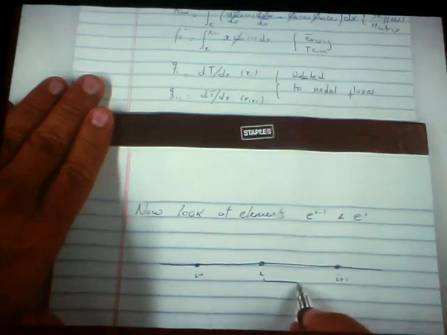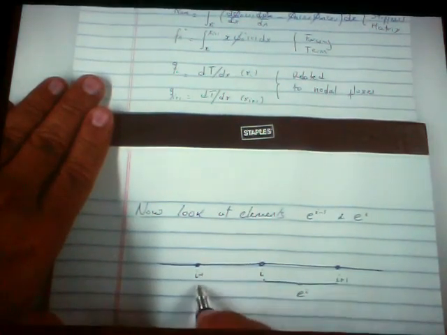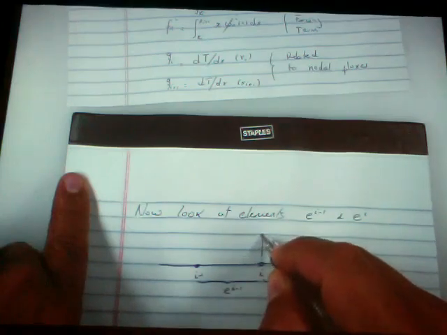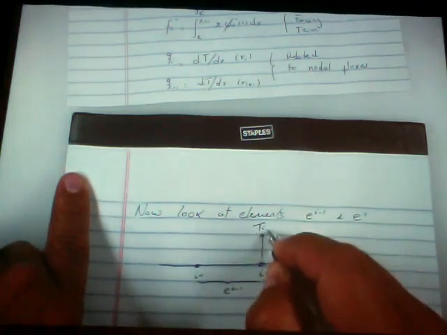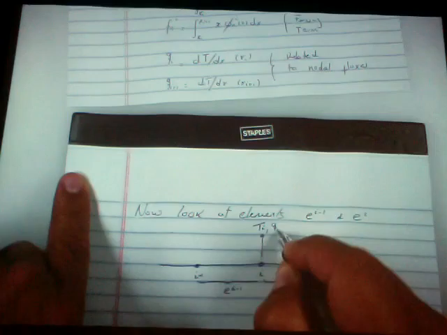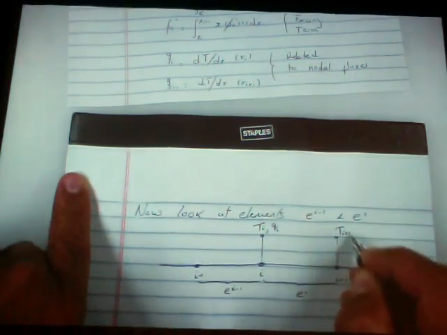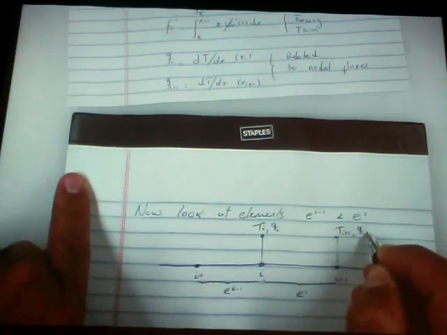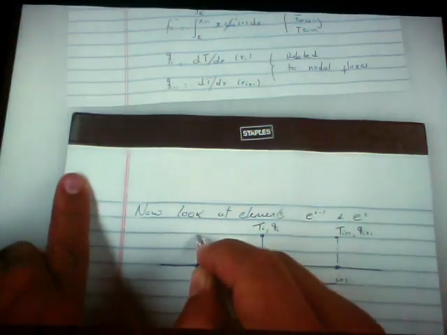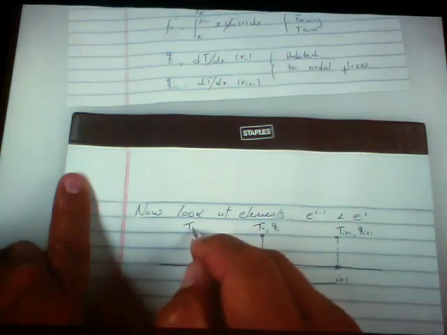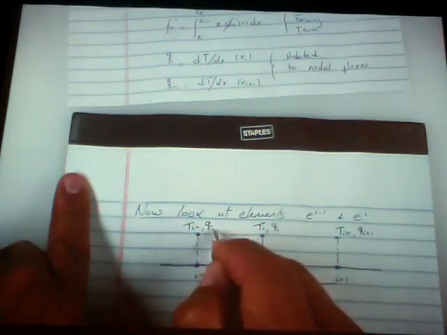So this would be element E_i, and this would be element E_(i-1). This node has a corresponding T_i and a corresponding Q_i. This node has a corresponding T_(i+1) and Q_(i+1). And this node has a corresponding T_(i-1) and Q_(i-1).